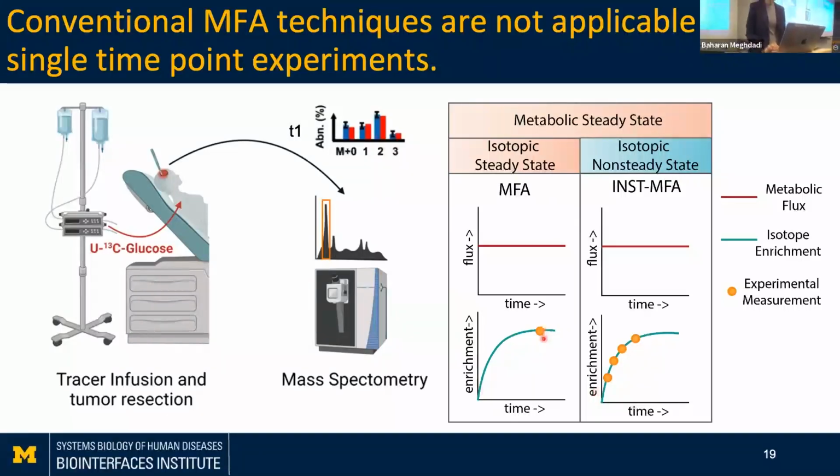We can solve the MFAs with one time point if and only if it's at a steady state. But purine metabolism is slow, and we only have one time point that is not at a steady state. So we can't use conventional MFAs for prediction of fluxes.